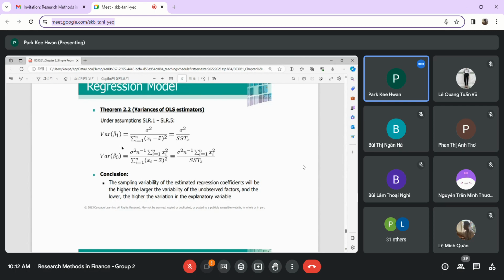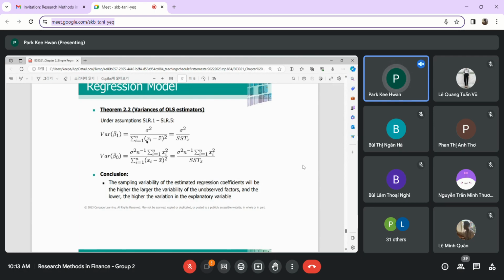The first one shows the variance of the slope parameter estimator beta 1 hat, and that is sigma square divided by this term, the total sum of squares.